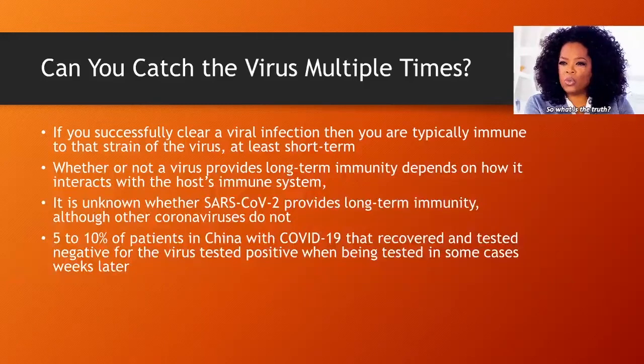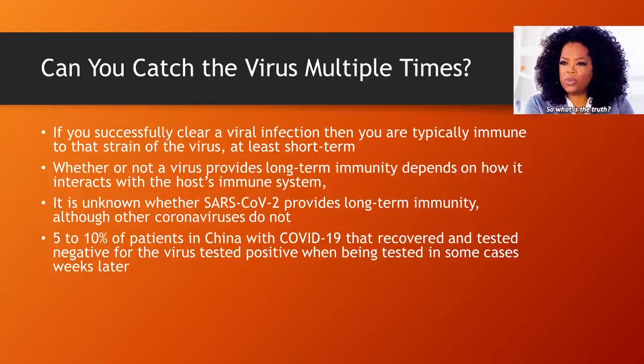It hasn't been shown that their tests are that inaccurate, but this is someone saying, no, I work with the medical team in China, and I'm telling you, I think it's about 30 to 50% accurate. So it's possible that it was a false positive the first time, or it's a false negative when they tested negative that time, and then the symptoms just got worse again. It's really hard to say.